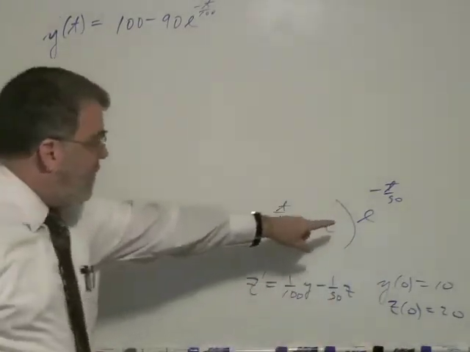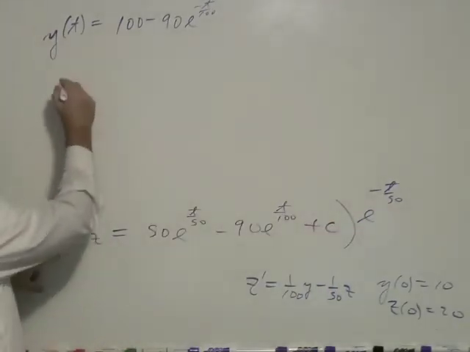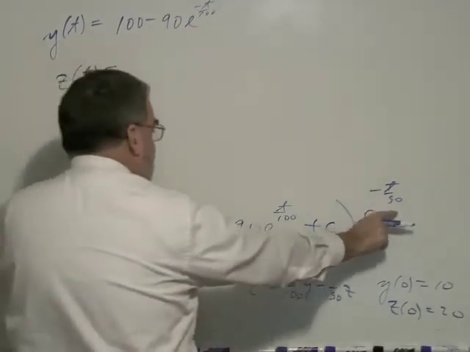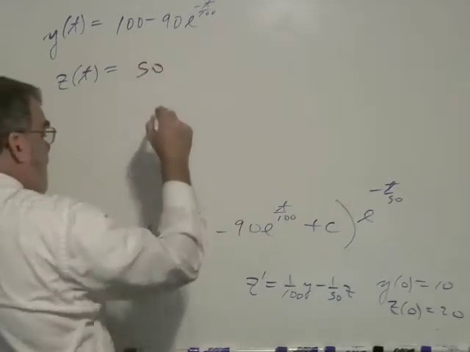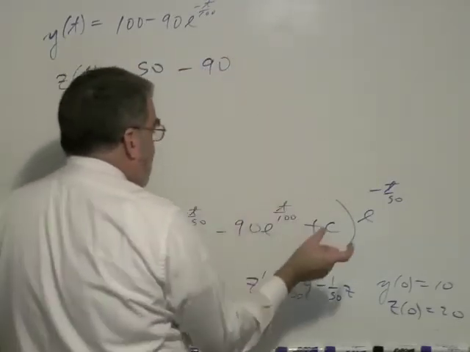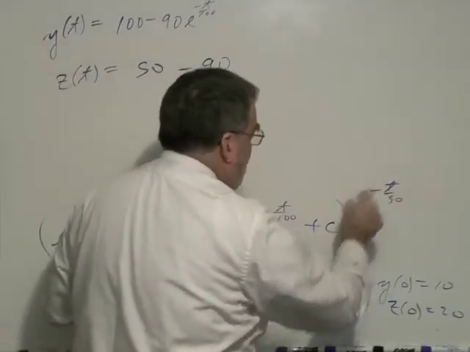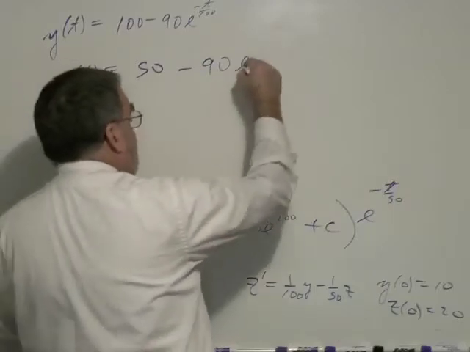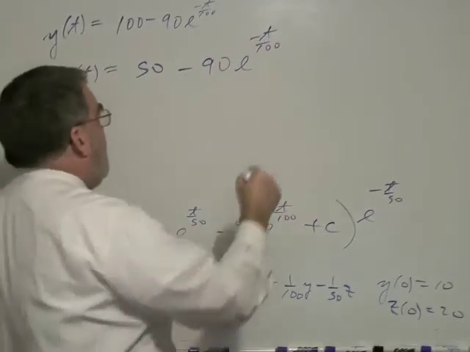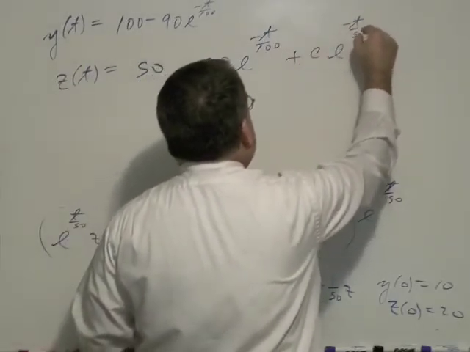So what we multiply by this term, it'll cancel the e to the t over 50, leaving z, which is a function of t, equals, here this cancels, so I have 50 minus 90, and I add my exponents here, so this is t over 100 times e to the minus 2t over 100, so this ends up being e to the negative t over 100, and then plus c e to the negative t over 50.